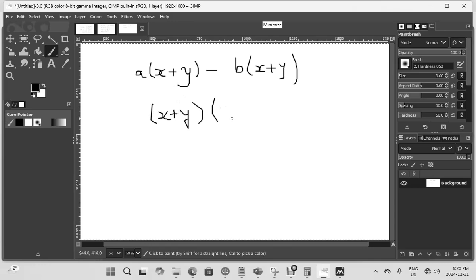So let's say the variables inside the second bracket will be a minus b. The way this works, when you expand, this will be your first variable times x plus y, so x plus y into a, minus b, which is your second variable into x plus y.